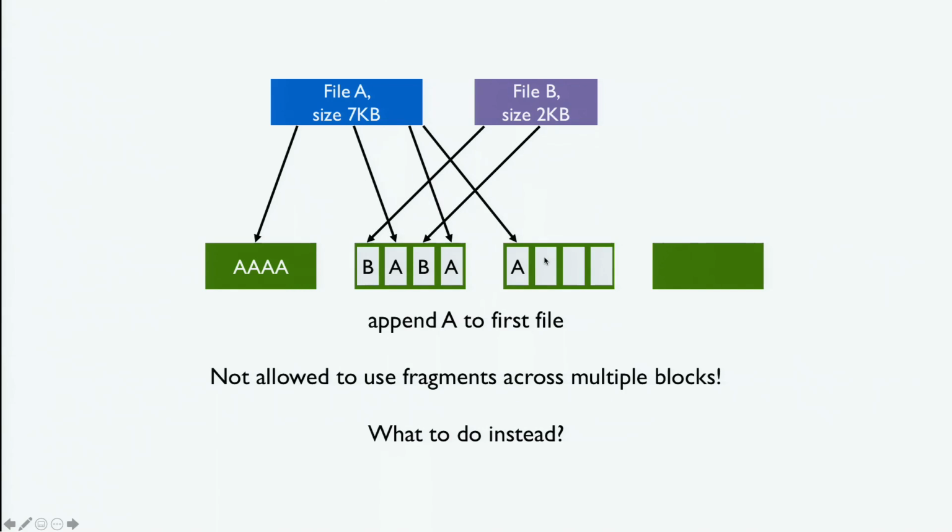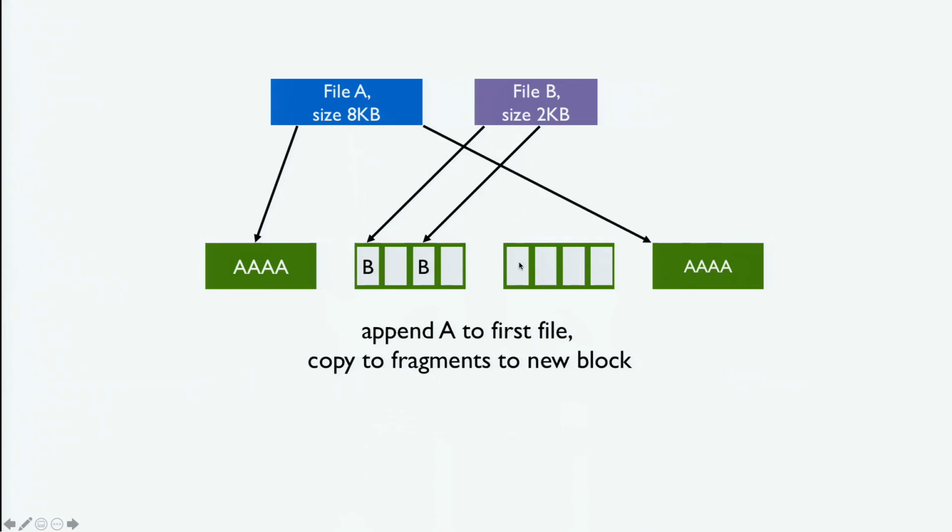So once you get into this situation, you have to do some extra work, right? Because we don't want to have scattered allocations like that. What you have to do is copy out the fragments that were in that other block and move them to a new one there.